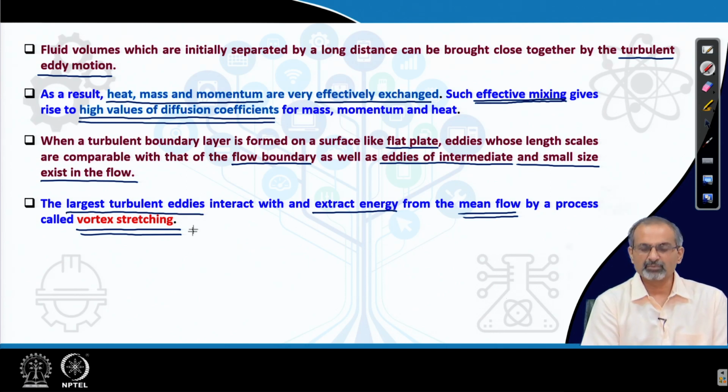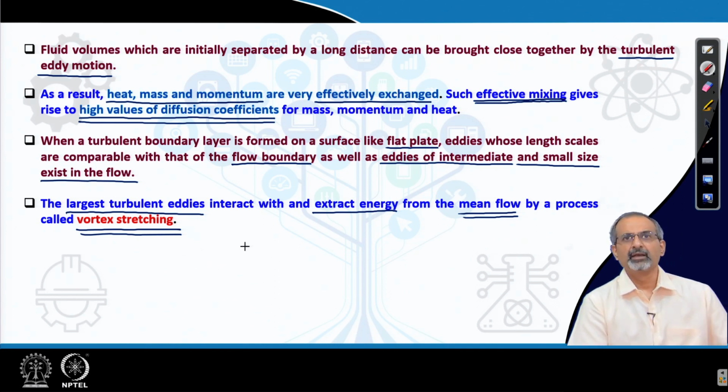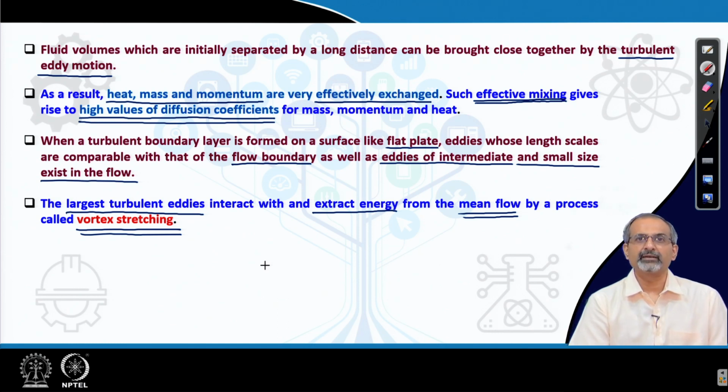So, this is how turbulence sustains itself. If there are conditions in the flow field where this does not assist the turbulent flow, then the turbulence in the flow can decay. On the other hand, if there is enough energy coming in from the mean flow, then turbulence would sustain and could also get augmented.